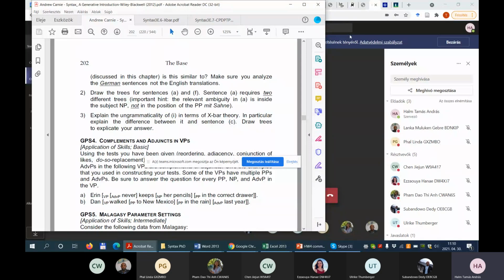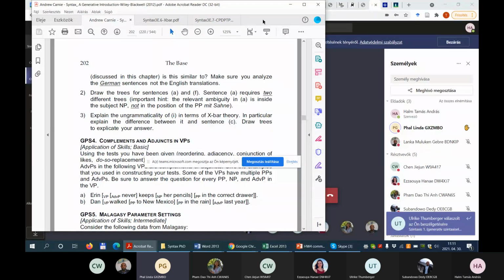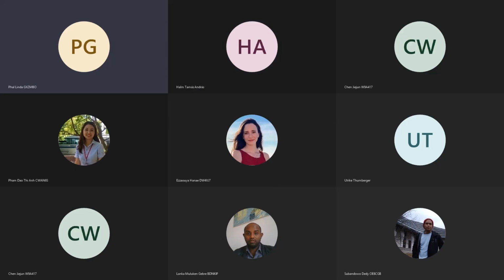Let's look at B. That's an easier one, I think. Yeah. Oh, Linda, please. And for B, actually, to me, I just draw the tree, but I can show this one. Then please show it. It's okay, Professor.